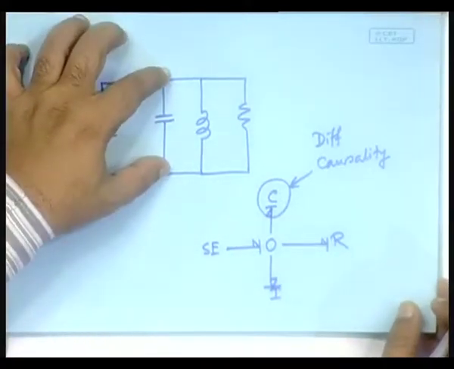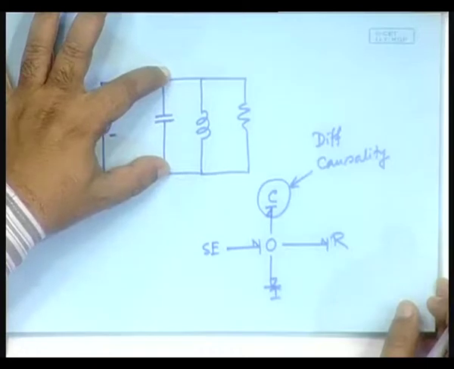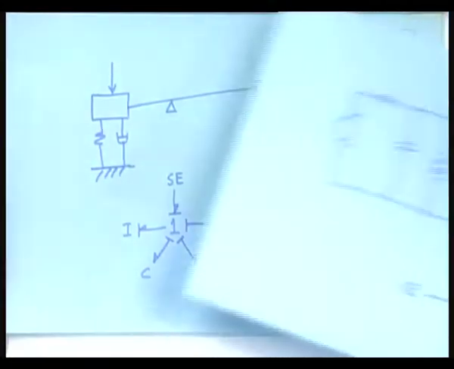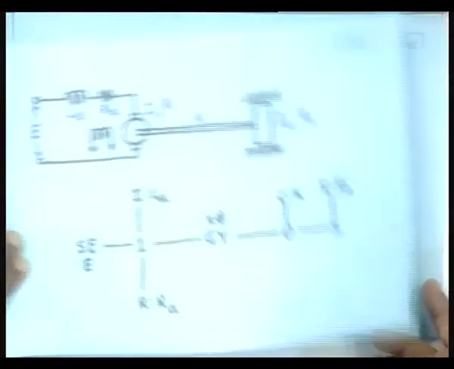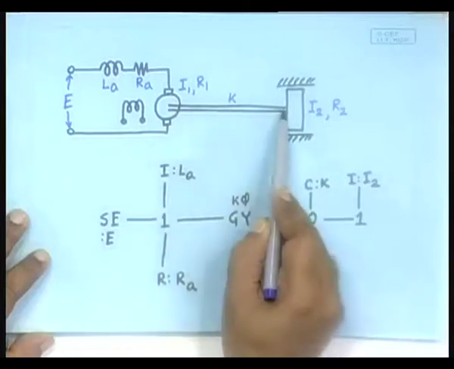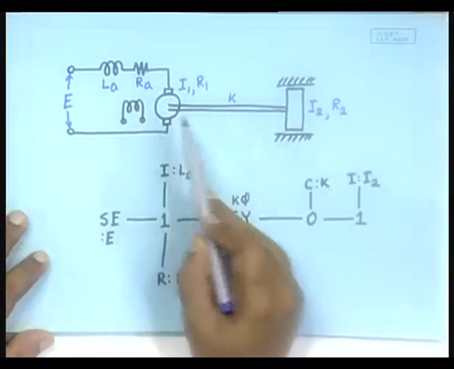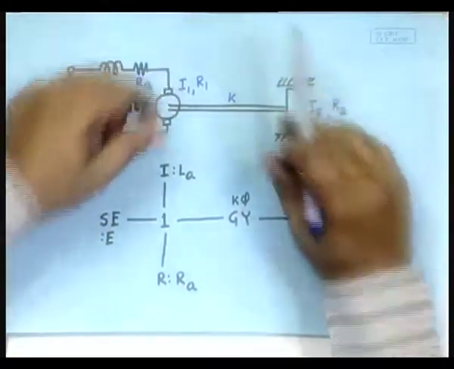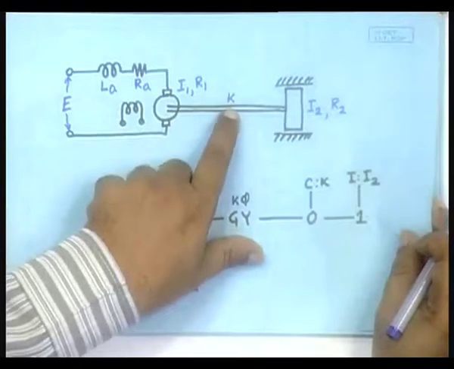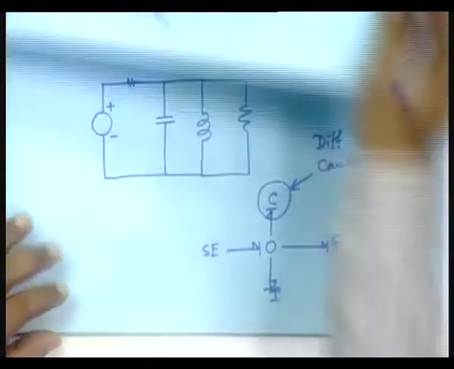Then this point has freedom of choosing its own voltage. Or you can also check that in this problem, if this shaft is stiff, which means that there is no freedom of motion in the two sides, then also it will give rise to differential causality. That is why we had put some stiffness here.